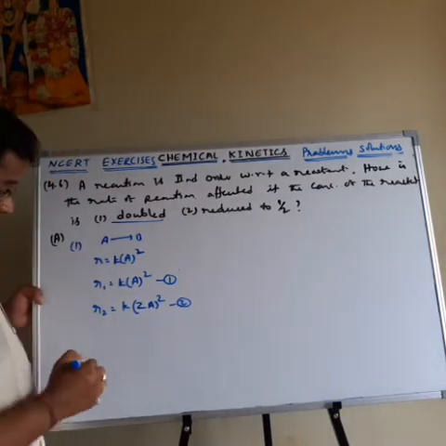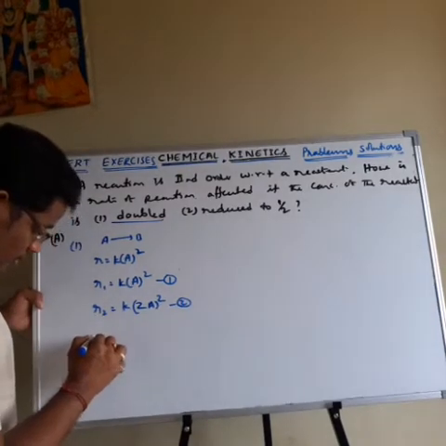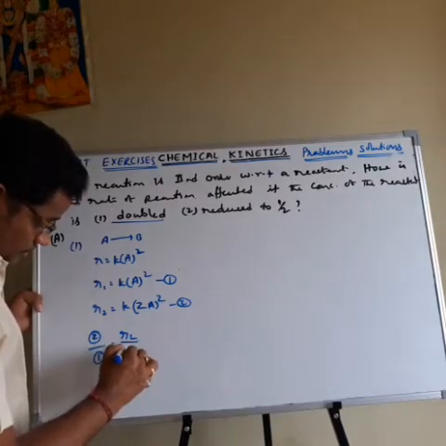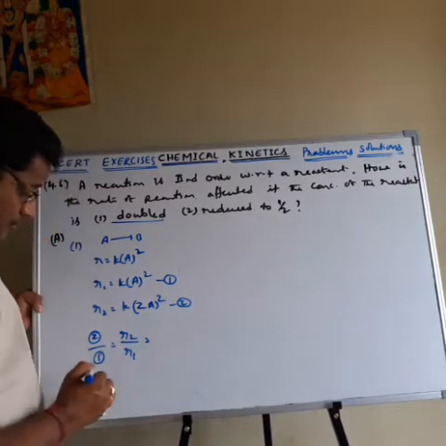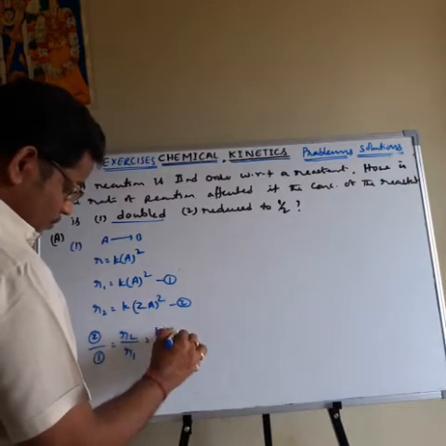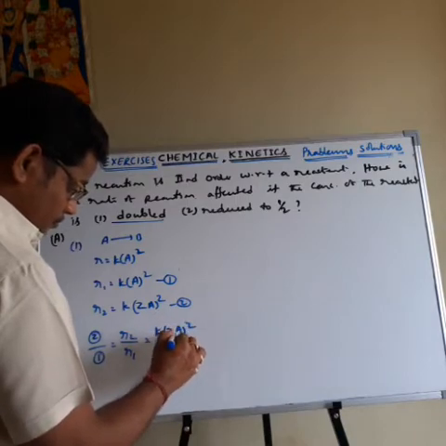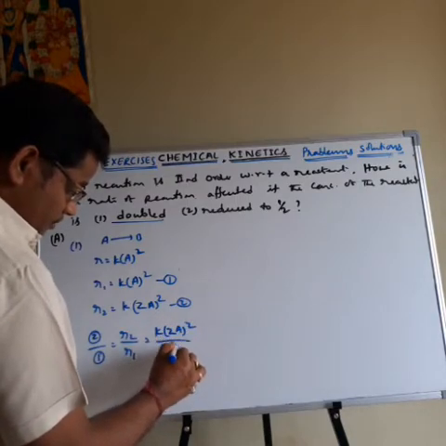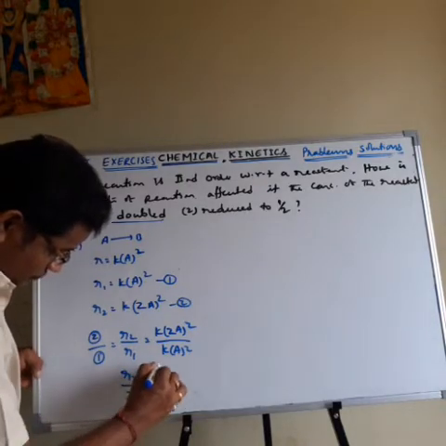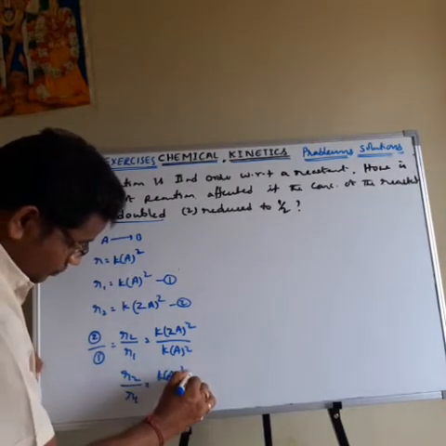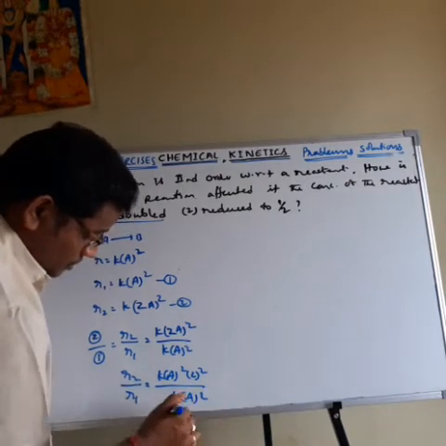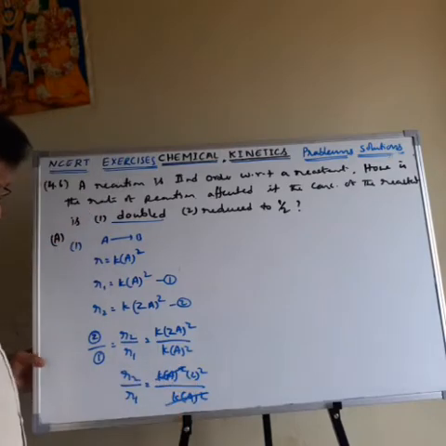Therefore, equation 2 divided by equation 1: R2 divided by R1 is equal to k into (2A) power 2 divided by k into [A] power 2. We can write it as k into [A] power 2 into 2 power 2, divided by k into [A] power 2. Here k into [A] power 2 cancels.